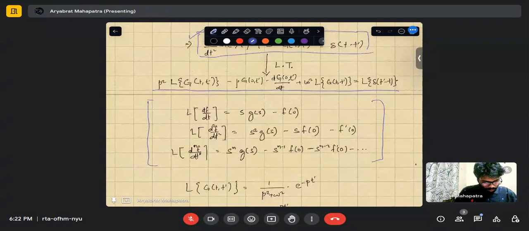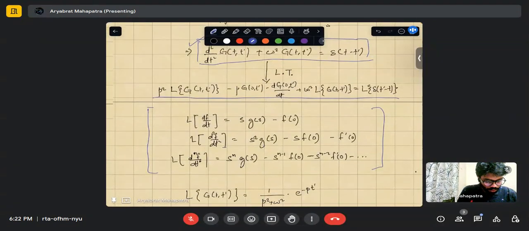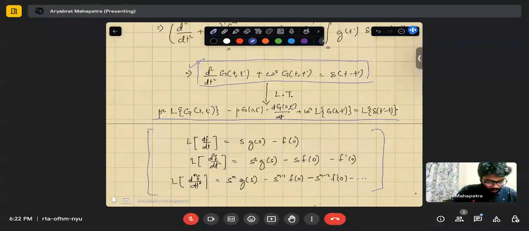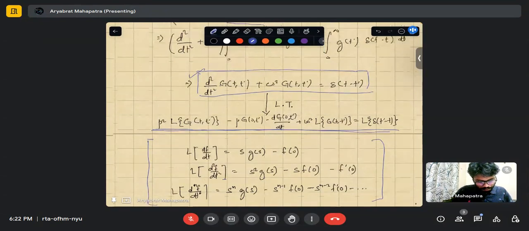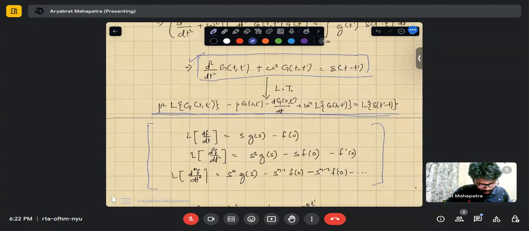So you do the Laplace transform, and once you do that, you will get some kind of algebraic equation, this equation right here. In this Laplace transform, we are going from the t variable to the p variable.